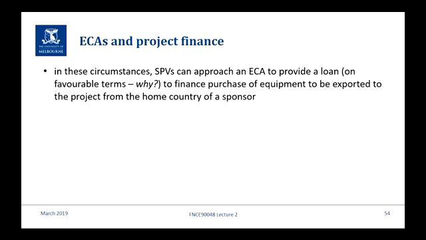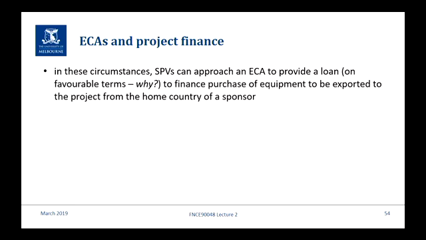I spoke about what export credit agencies are, and where we got to is that there are going to be some circumstances where you can get loan funds from an export credit agency, but it needs to be linked directly to the purchase of equipment for the project in a foreign country, produced or manufactured in the home country. So it's often by the sponsors, but not necessarily. It could be from an unrelated party, but in the home country, for example, Australian companies going out to other countries, or US or whatever.